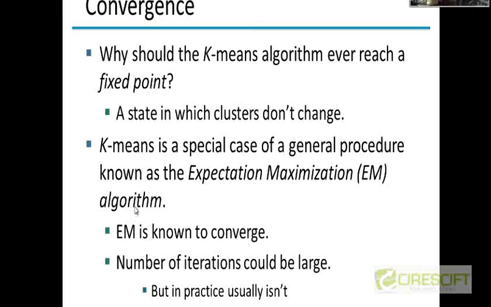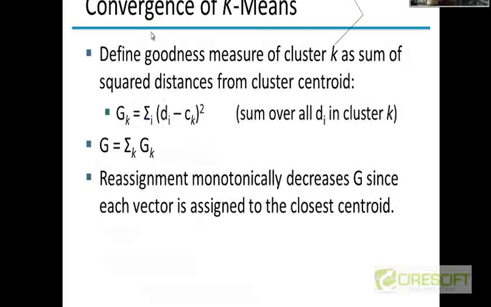And the expectation maximization algorithm in general is known to converge, even though the number of iterations after which it converges could be large in theory, even though in practice it's not usually large. Because the expectation maximization algorithm converges, K-means, which is a special case of that, will also converge. But of course, this may not be a satisfactory answer to you, because you may not know what an expectation maximization algorithm is and why that should converge. So let's try to independently argue why the K-means algorithm will converge.